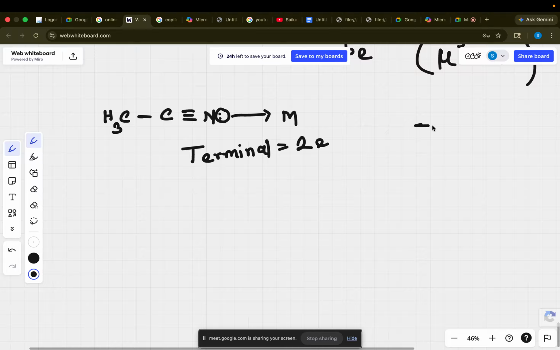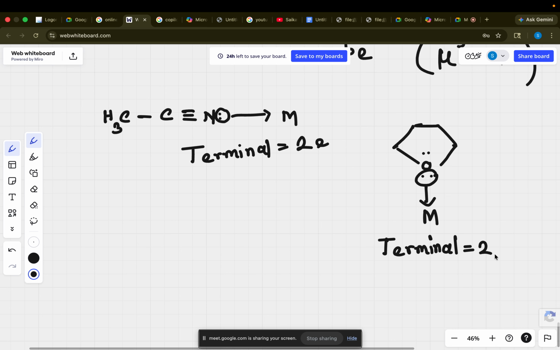Suppose you have this, do it. And 4. 2 and 4. So if it is donating these electrons, then it will act as a terminal ligand.